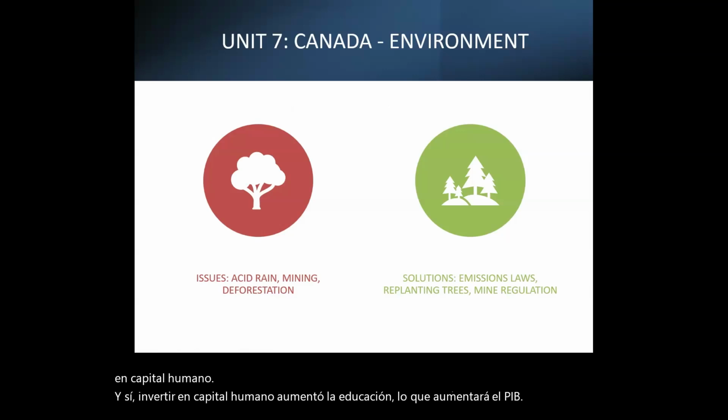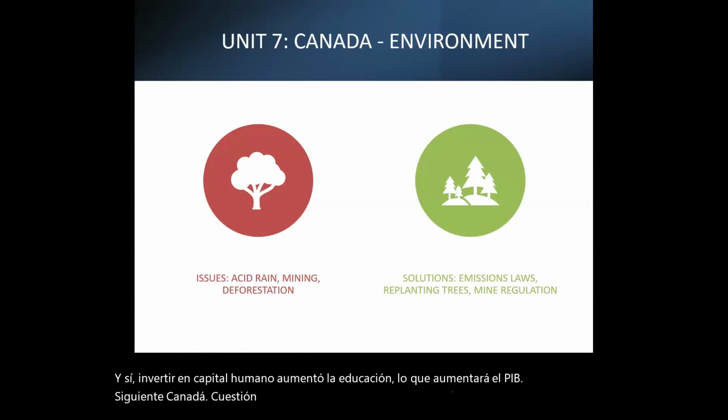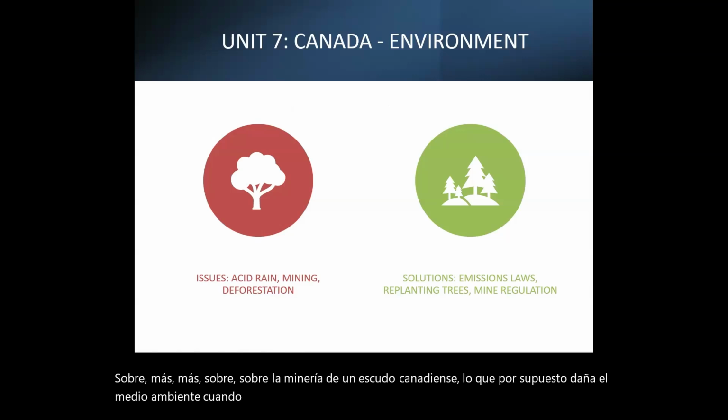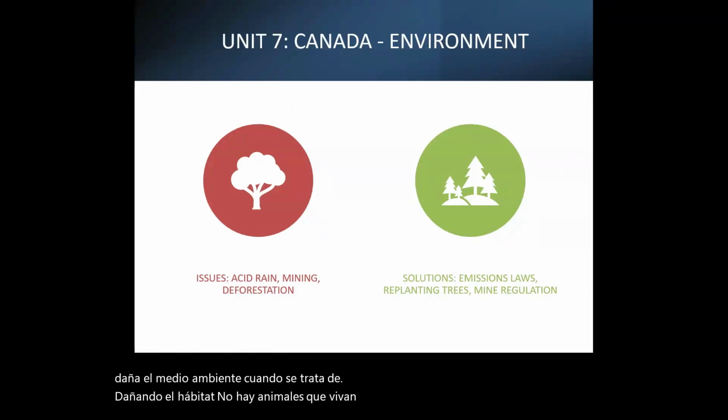Next, Canada, environmental issues. Canada has acid rain, and of course, they have over-mining of the Canadian Shield, which hurts the environment by destroying habitat. No animals live in the Canadian Shield as before.